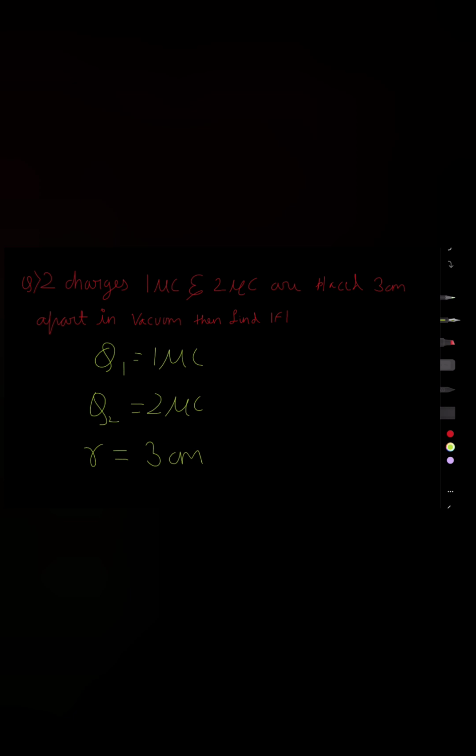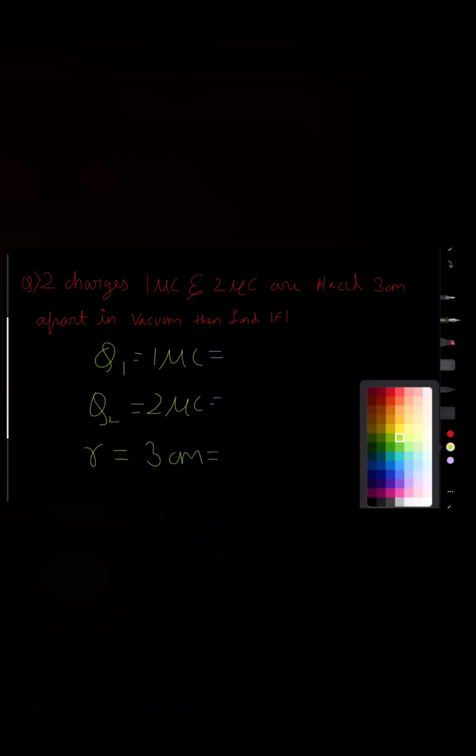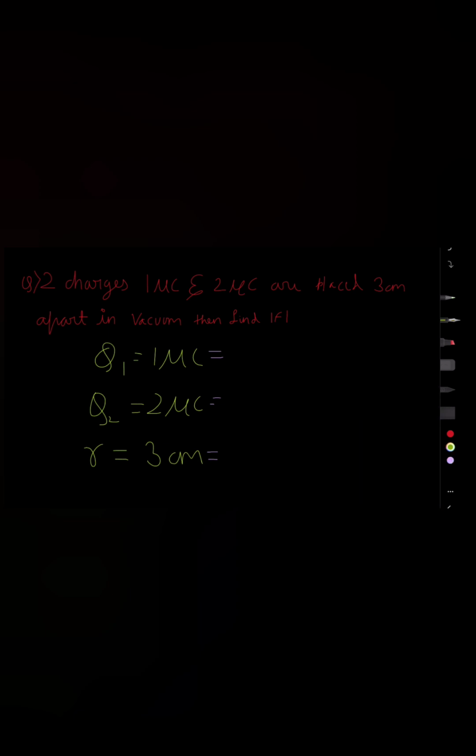Now, conversion of units is most important in this question. They have given microcoulomb, so let me first convert it into coulomb. It will be 1 into 10 to the power of minus 6 coulomb, because 1 microcoulomb is 10 to the power of minus 6 coulomb. 2 microcoulomb is 2 into 10 to the power of minus 6 coulomb.